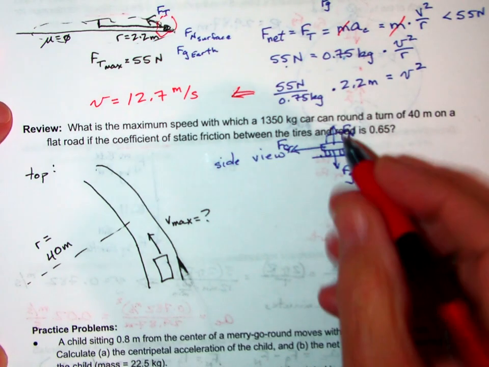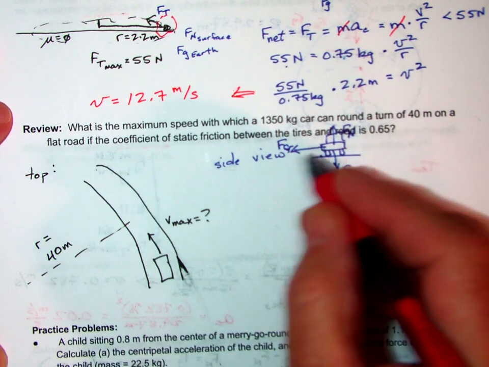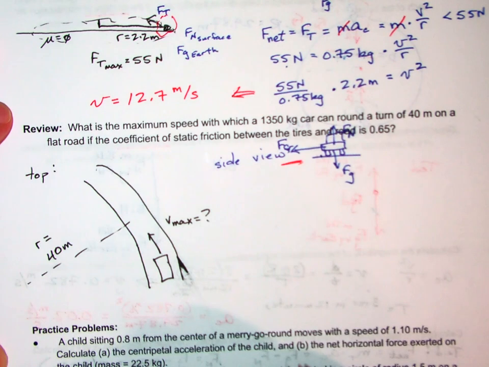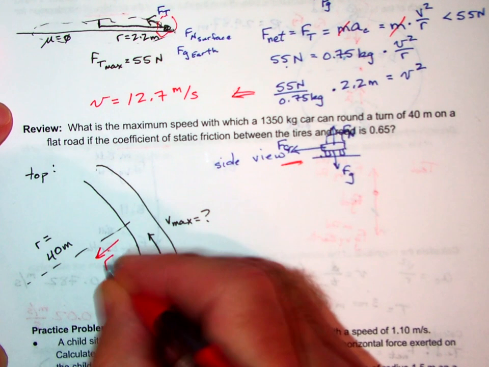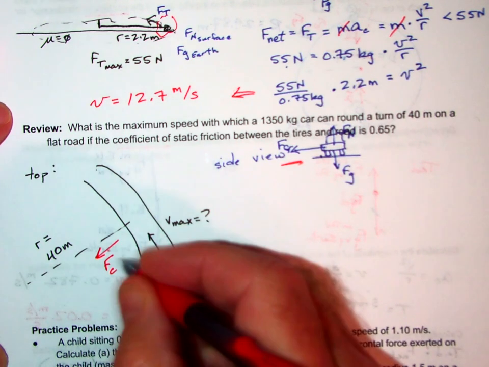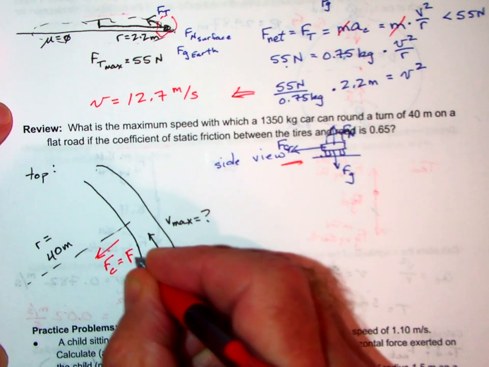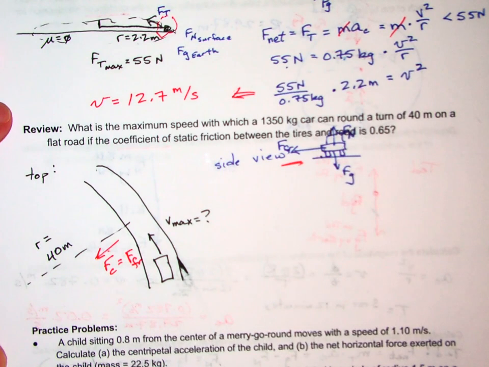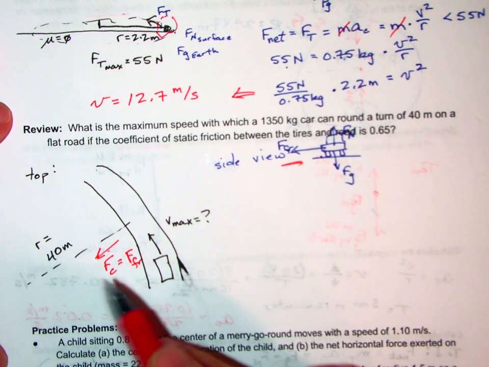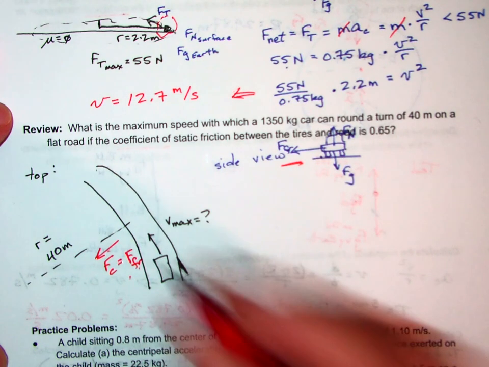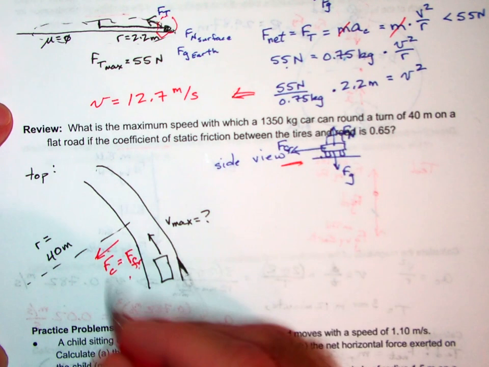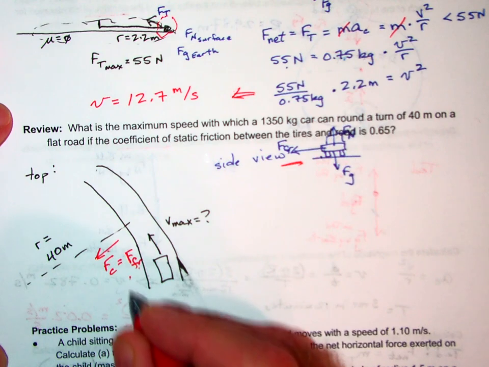There is a force, in this case it's a friction force, that is acting centripetally. So F sub C is that friction force. So there's not a centripetal force and a friction force. It is that the friction force is centripetally acting.